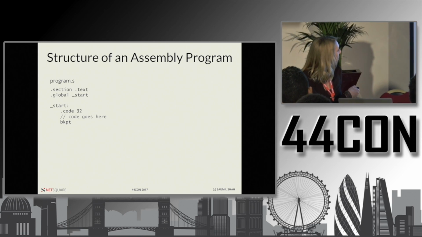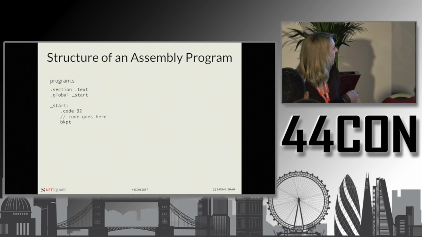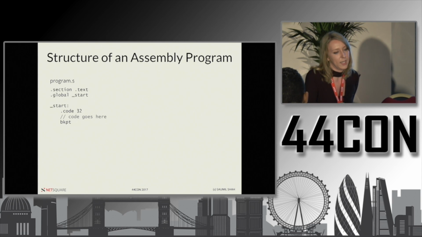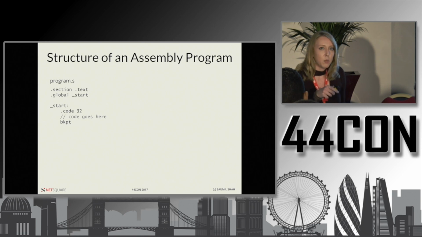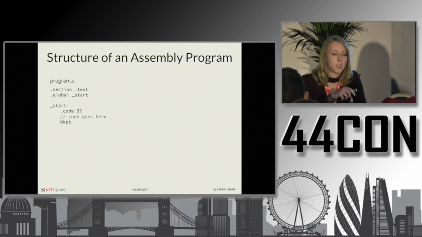Our default starting point is underscore start, and this is where our code goes. We have to indicate that we start in ARM mode, and we do it by specifying .code32. Later we will switch to thumb mode, and then we need to indicate that we are in thumb mode, so we will write .code16.